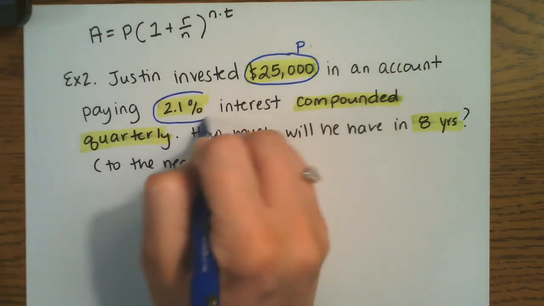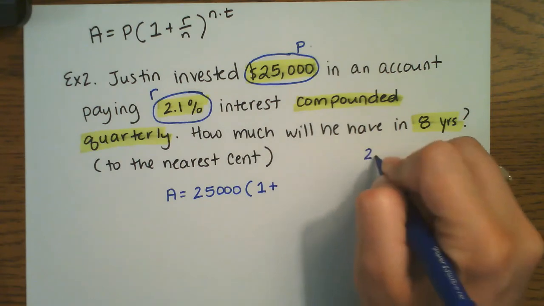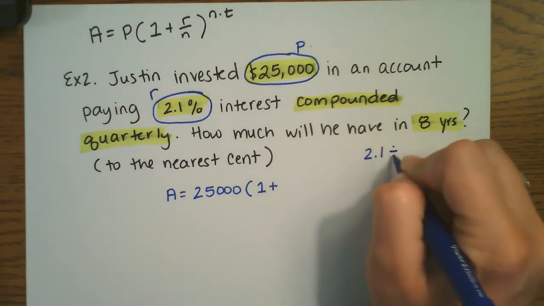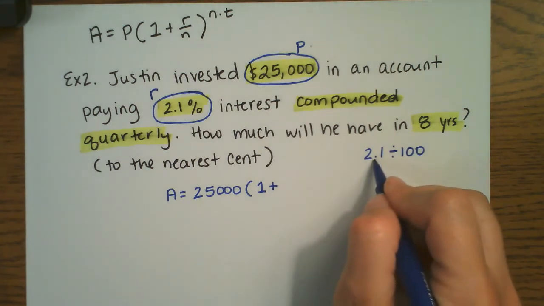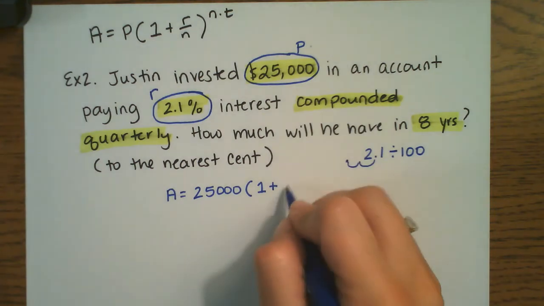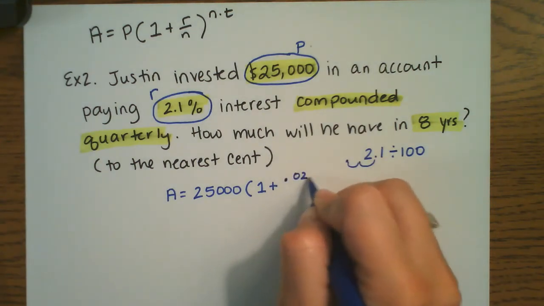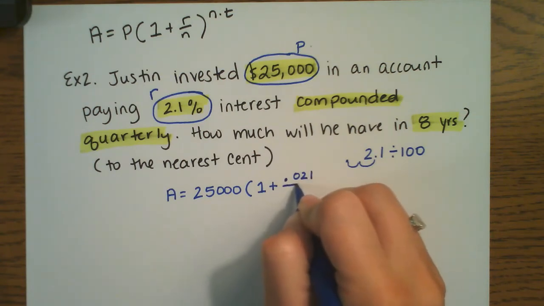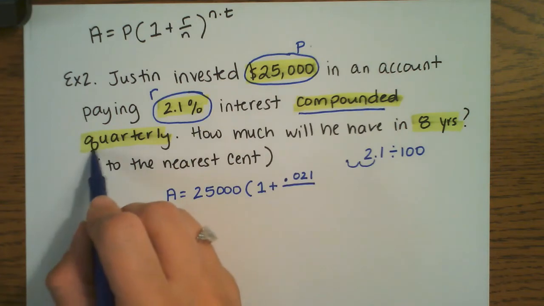We have to change this percent to a decimal by dividing it by 100. It's going to move the decimal 2 places to the left. If you watched that Ed puzzle yesterday, that's kind of what I talked about. Over, it says compounded quarterly.